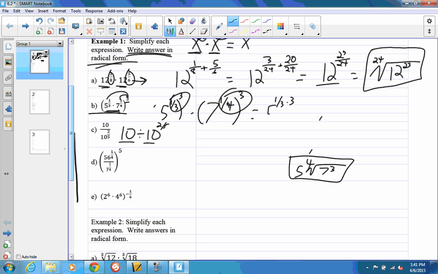So when I'm multiplying and I have the same base, I add exponents. What do I do when I have the same base and I'm dividing? Subtract. Good. So 1 minus 2/5 is 3/5, right? So 10 to the 3/5. I'm not done. I need to rewrite in radical form. What kind of root is it? The 5th root.